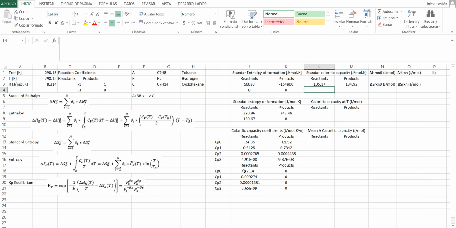I'm going to do it once again, so it's clear. It is this, plus CP1 times the temperature, plus CP2 times the temperature raised to the second power, plus CP3 times the temperature raised to the third power.